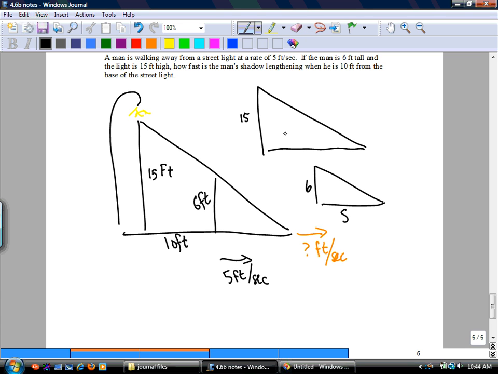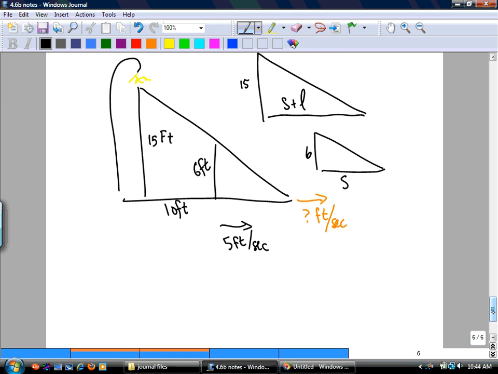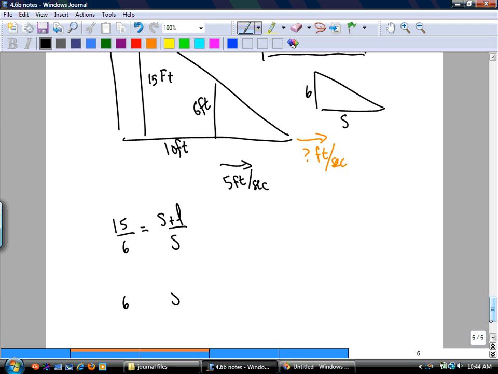S plus L. Okay, let's make a formula relating those two triangles. 15 over 6 equals... Could you write it like this now?